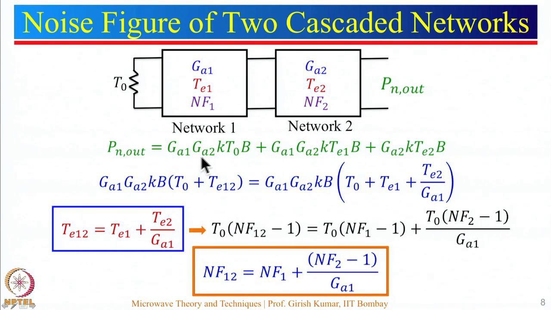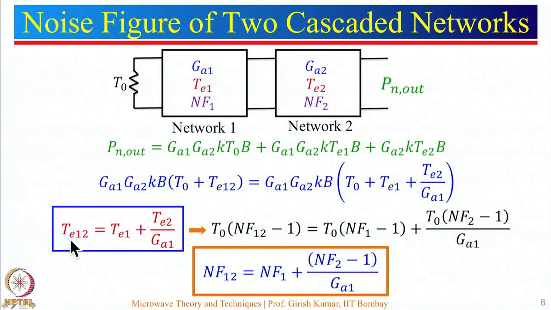We can just take Ga1, Ga2, KB outside. So, we are left with T0 plus Te1 plus Te2 divided by Ga1. From here we can calculate Te12 as Te1 plus Te2 divided by Ga1. As I mentioned earlier, our objective is not to find Te12, our objective is to find NF12.